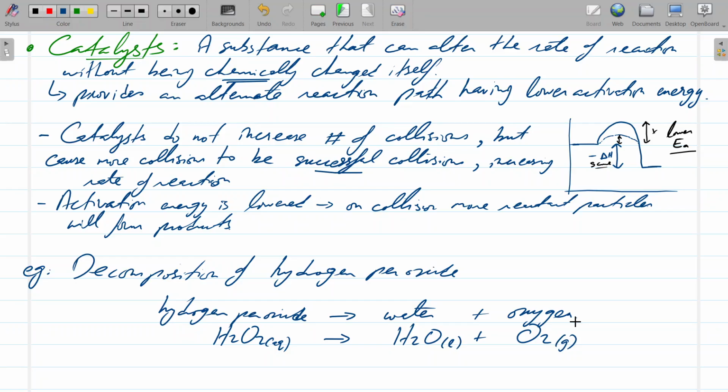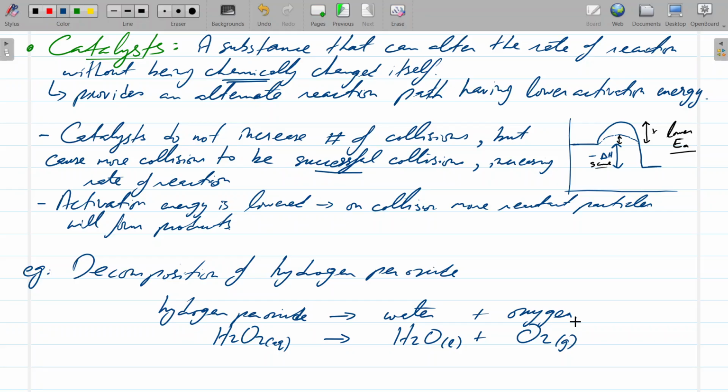Well, H2 is balanced. There are two oxygens on the reactant side, three on the product side.